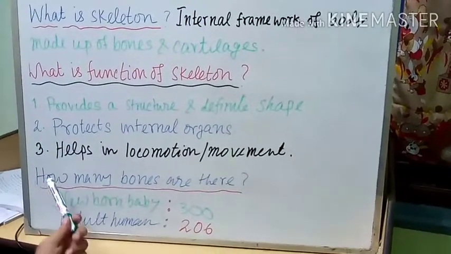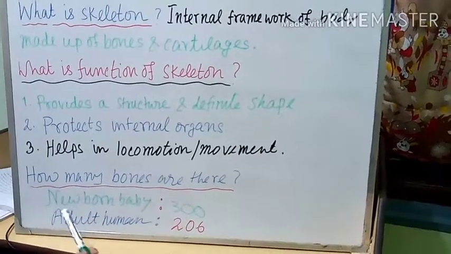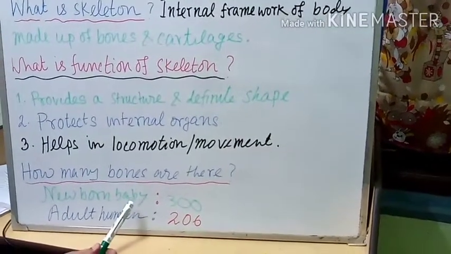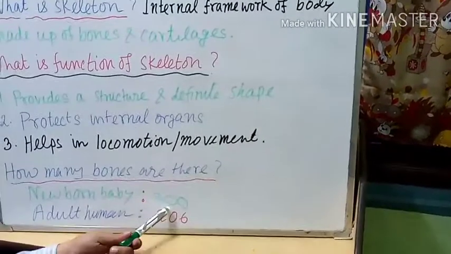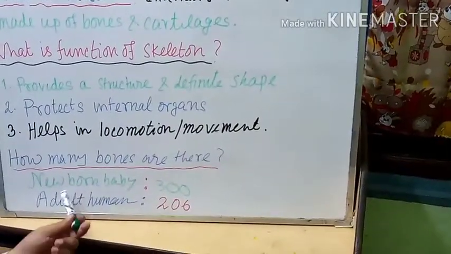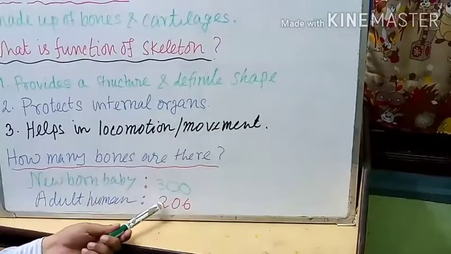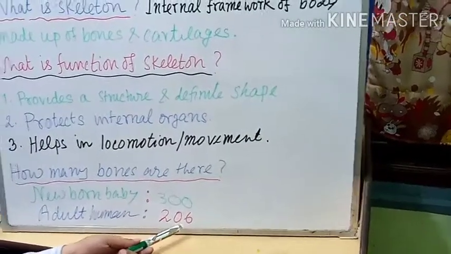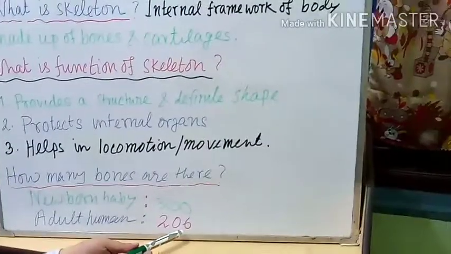Then, how many bones are there? In case of newborn baby, number of bones about 300, and in case of adult human, the number is reduced to 206. Okay, do you follow?